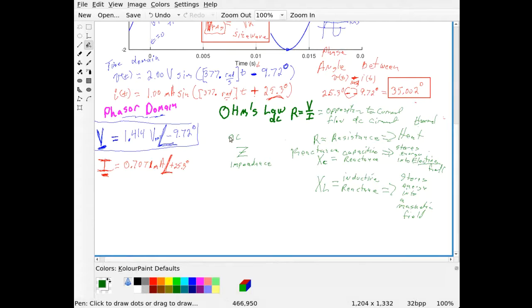But that's like during the first half of an AC cycle. So remember, with AC, we're going positive half the time, and we're going negative the other half of the time.